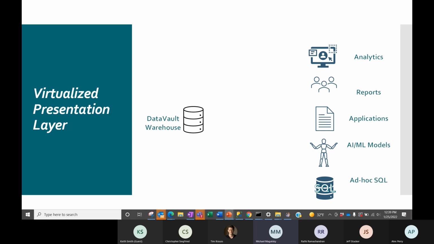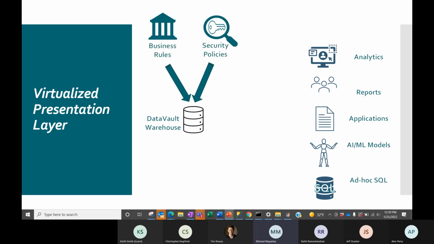One of the key components of building that user-friendly architecture is what we call the virtualized presentation layer. And this is key in the Data Vault architecture, but it's also key in the idea that secure data that becomes what the user needs it to be and is allowed to see is only possible if we virtualize our presentation layer.